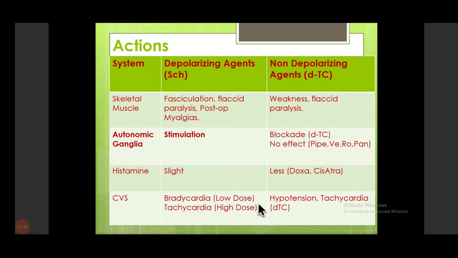Firstly, it could be due to excessive potassium expulsion from the inside of the cell, which leads to hyperkalemia, which leads to tachycardia, or at a higher dose, it has a propensity to stimulate the sympathetic ganglia also, which would cause tachycardia. The non-depolarizing blockers basically just block the parasympathetic ganglia and would cause tachycardia and subsequently hypotension.